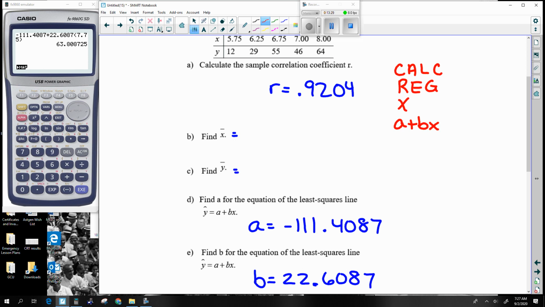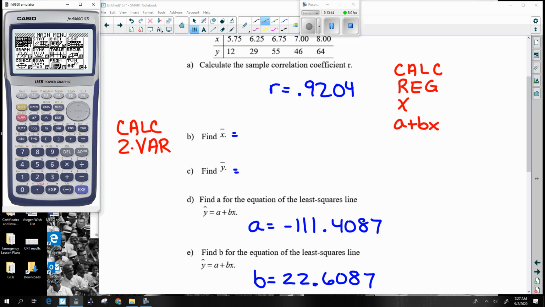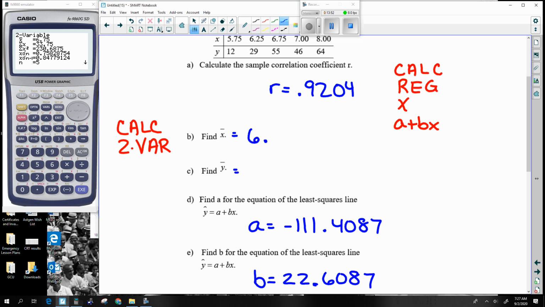For the x bar and y bar, we go back to the calc option and hit 2 var. We go to our statistics screen, calc 2 var. Right at the very top, x bar is 6.75, so that's the average of the x's, and the average of the y's is 41.2.